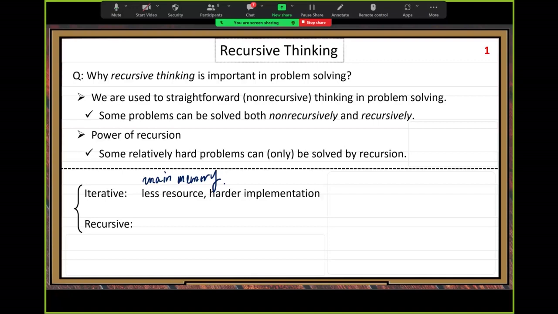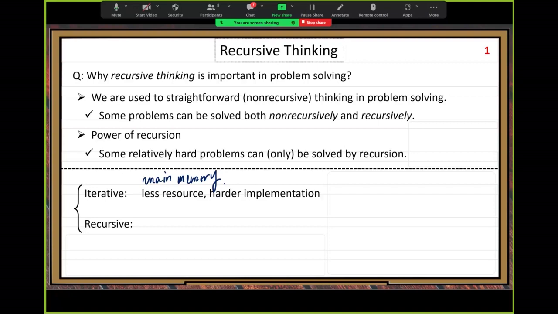We know that for every implementation of a computer algorithm, you need to use a lot of memory resource. You load your data into the main memory, and all the instructions are executed from main memory. So main memory resource is very precious. If you waste too much memory resource, then your algorithm could be very slow.